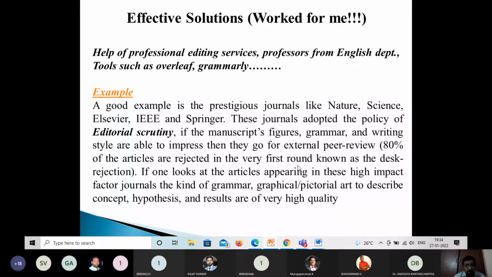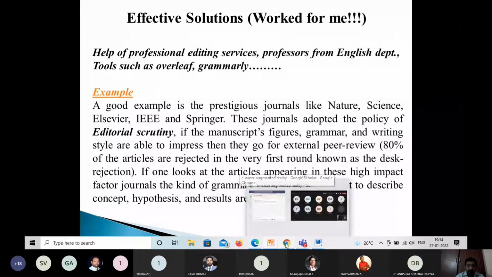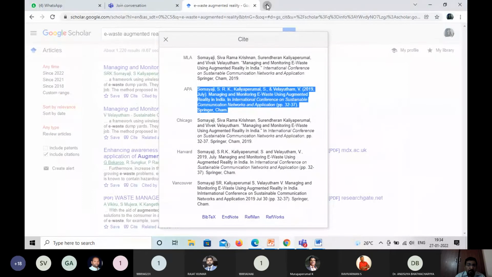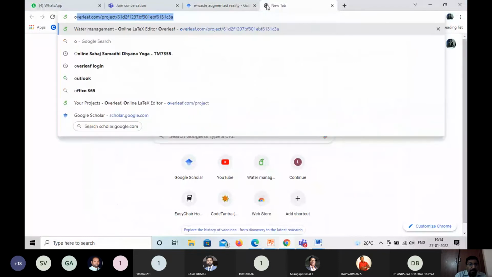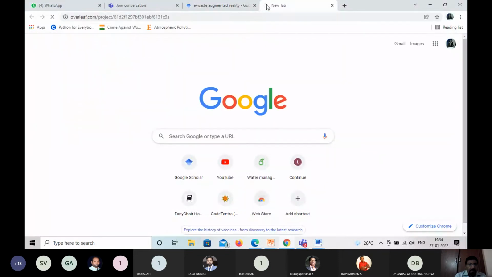Let me quickly show you that. I hope everyone is familiar with LaTeX. Let me quickly go with what Overleaf is.